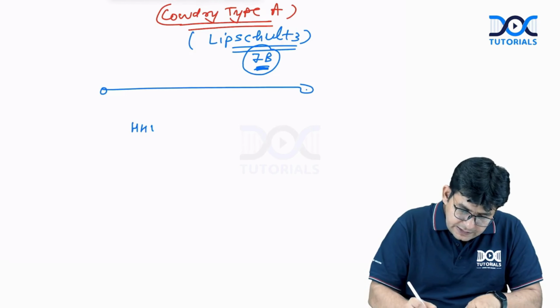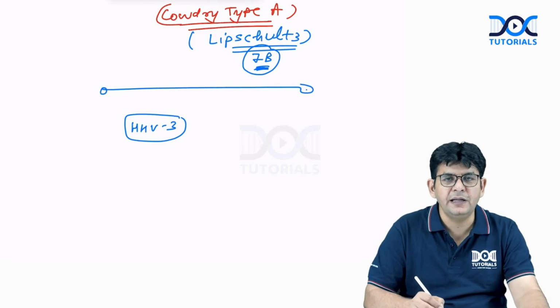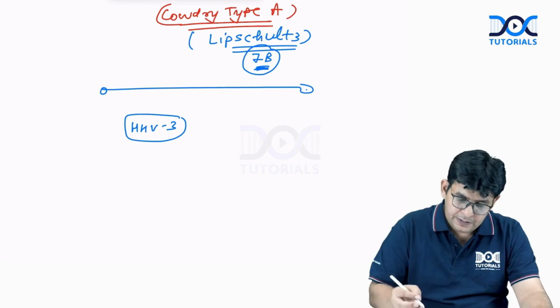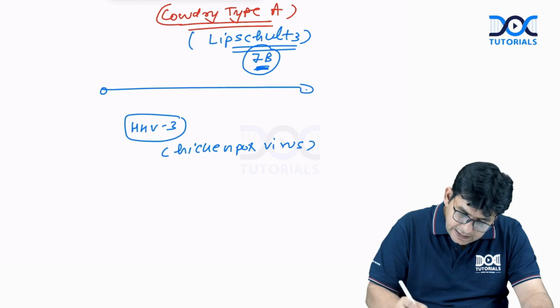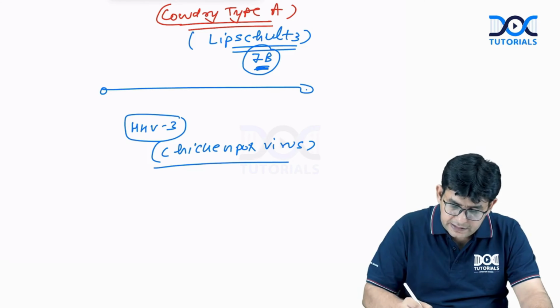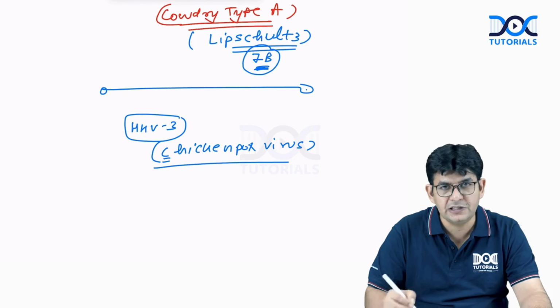Now after this, let's talk about HHV3. How to remember HHV3? Remember it like this: we call it the chickenpox virus, and the third alphabet is C. So remember from that, chickenpox virus is HHV3.